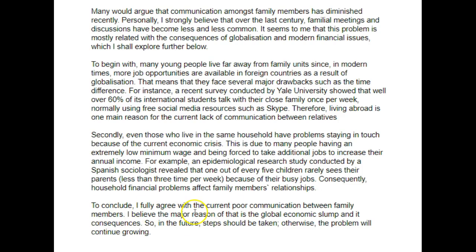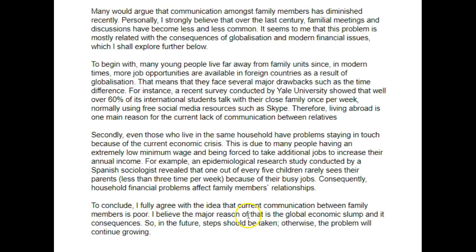To conclude, I fully agree with the idea that current communication between family members is poor, although this question asks about whether it has been reduced or not, about the quality of it. So we should just say less or less frequent.